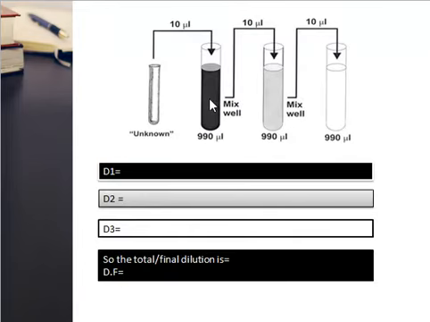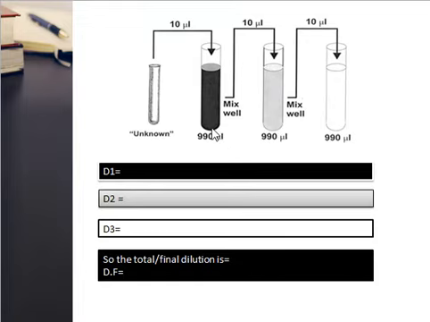Another example: an unknown solution has been diluted as follows. 10 microliter of the original solution is transferred to a tube containing 990 microliter of diluent.